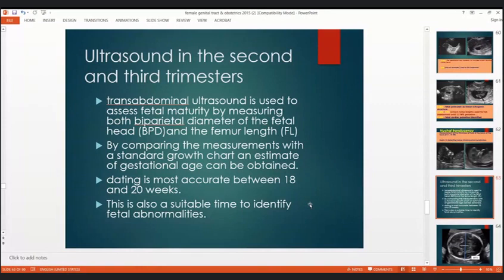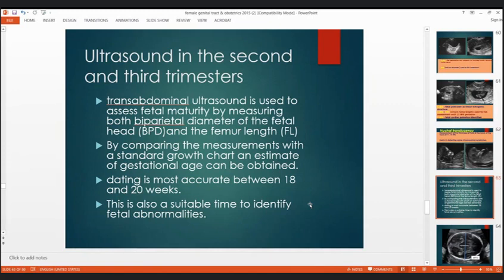We will decide whether it is singleton or the pregnancy is a twin gestation, and in twin we will differentiate the diamniotic, dichorionic from monoamniotic, monochorionic pregnancies, and we will confirm the fetal viability. So gestational age detection, viability, dating, and assessment of number of gestational sacs.